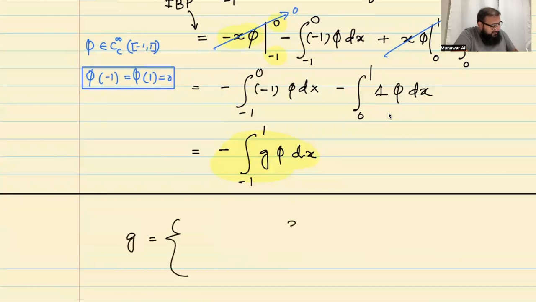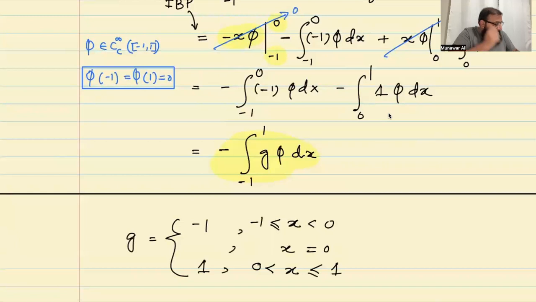If x is from -1 to 0, x is equal to 0, and x is greater than 0 and less than or equal to 1: from -1 to 0, it's -1, and from 0 to 1, it's 1. And for x equal to 0, we can put any constant, it doesn't matter, because we don't know the value. So it's any constant, let's say c. This is the weak derivative of the function f that I have defined.